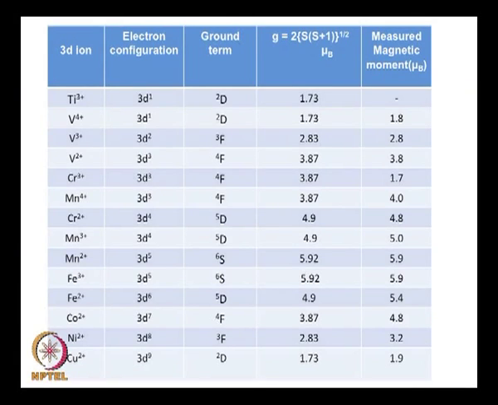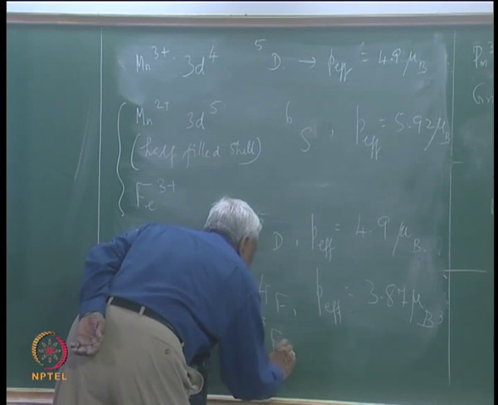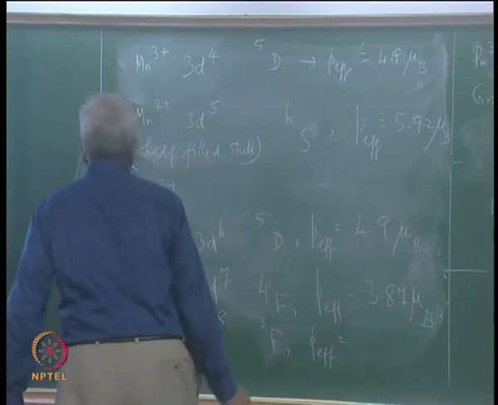Then we have cobalt 2 plus, which is 3d7 and a 4F ground term, p effective of 3.87. Then we have nickel 2 plus, which is 3d8, and so a 3F ground term and a magnetic moment of 2.83.